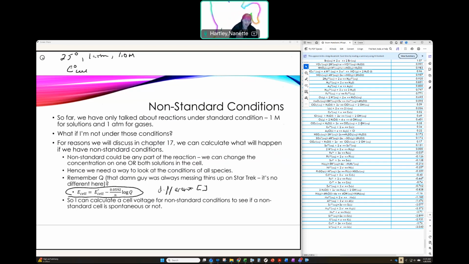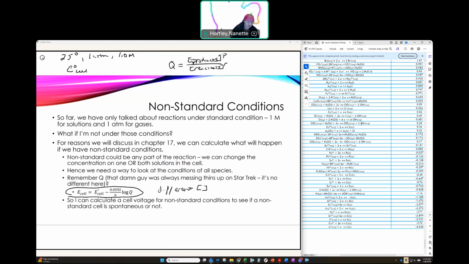So we have to calculate Q. Q was related to K. So Q is equal to the concentration of my products over the concentration of my reactants raised to their stoichiometric coefficients. And this is at any time except equilibrium.